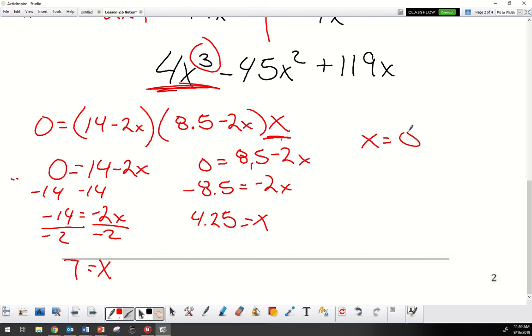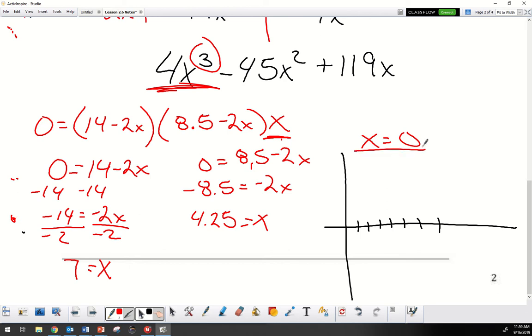Now, let's see what it means. I am going to sketch a graph. You don't have to. But see why this is important. 1, 2, 3, 4, 5, 6, 7. All right. It says that my function is equal to 0 at x equals 0.